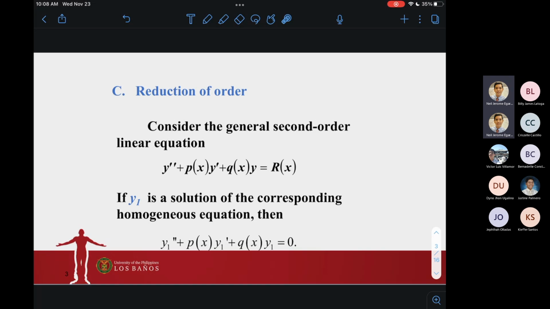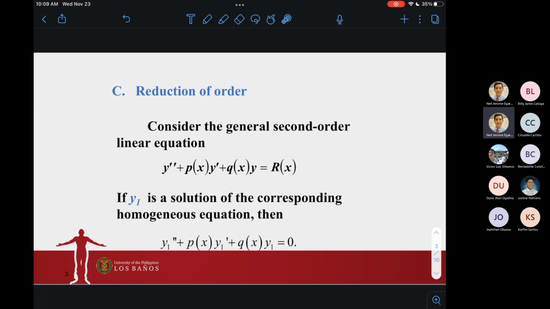Kasi kung halimbawa, order 5 yung GLDE natin, via the reduction of order, mabababa ko siya sa order 4, tapos pag order 4 na, another iteration of the reduction of order to bring it down to the third order, then another iteration to bring it down to the second order, tapos saka siya magiging order 1, saka pa lang tayo pwedeng mag-integrating factor. Alright? So ganun kakomplikado yung proseso, pero i-specify ko lang siya sa second order dito.